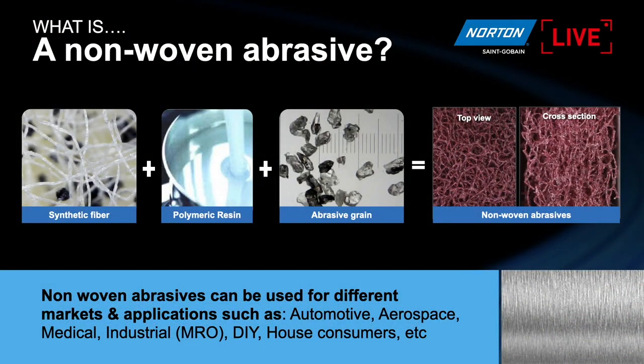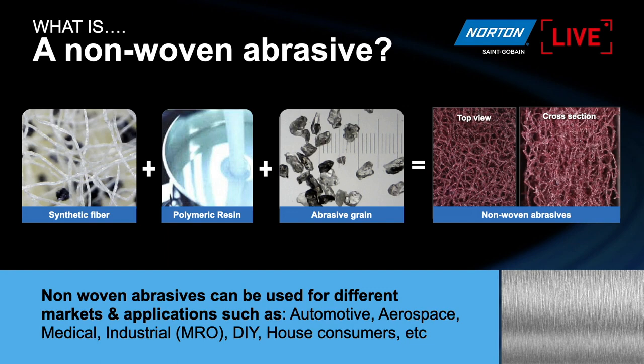Okay, everyone. So on this slide, we're just explaining what are non-woven abrasives. It's very simple. We just take synthetic nylon fibers, we add abrasive grain to those fibers, and we anchor those abrasive grains using a resin system, which ends up giving us a very exceptional three-dimensional product, which can be used for very soft and gentle finishing applications.